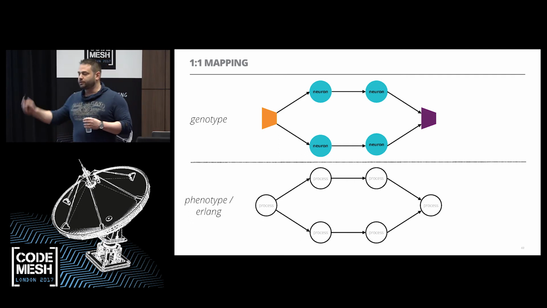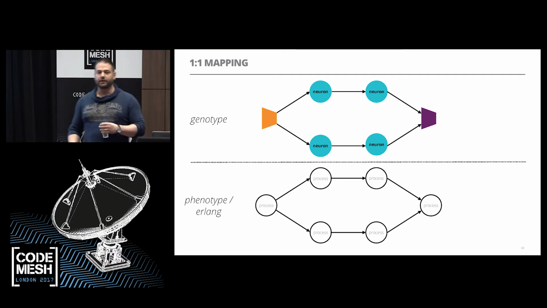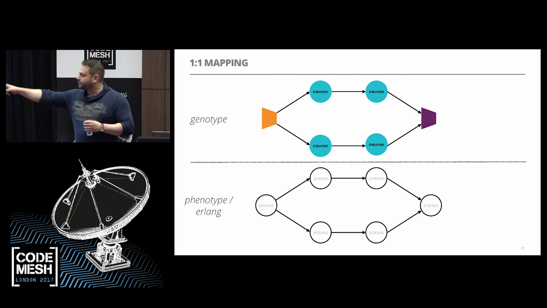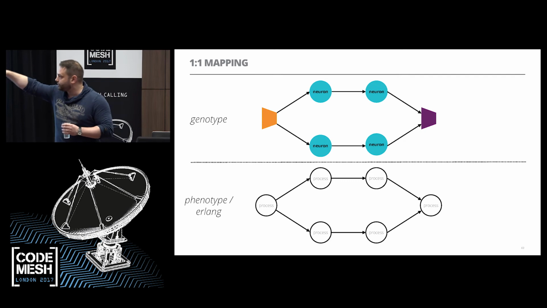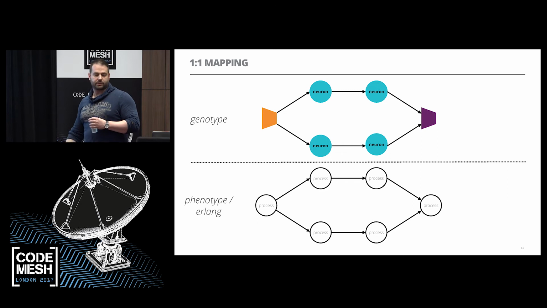If you read Joe's thesis, he emphasizes the concept of having an isomorphism between the problem and the program, a one-to-one mapping from your problem to the program in a concurrency-oriented programming language, which makes it much easier to reason about your program. And that's exactly what we get with DXNN, because that genotype, as we saw, we can map literally one-to-one onto Erlang processes. Every one of these neurons, sensors, and actuators just becomes an Erlang process, and they start sending messages to each other.